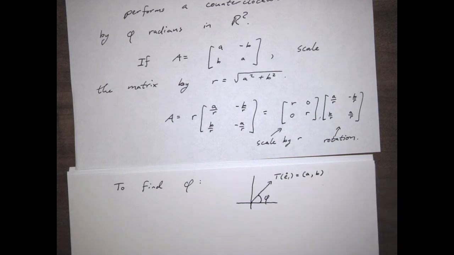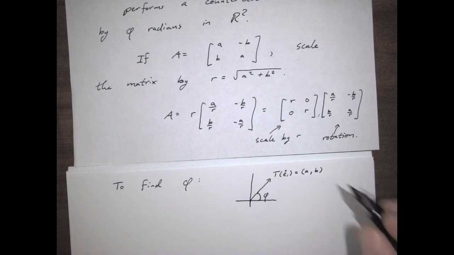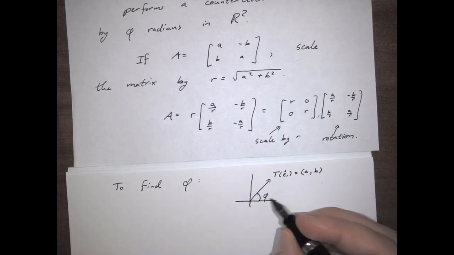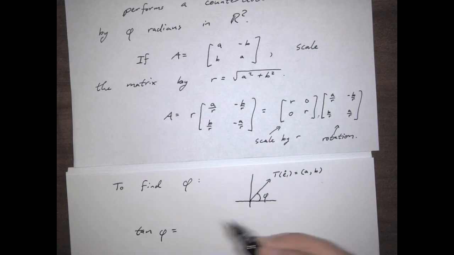And that's equal to angle phi. Now, if you remember your trigonometry, the easiest way in a case like this to find the angle phi given something like this would be that the tangent of phi is equal to b over a.